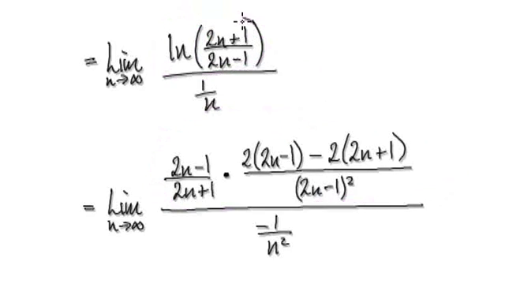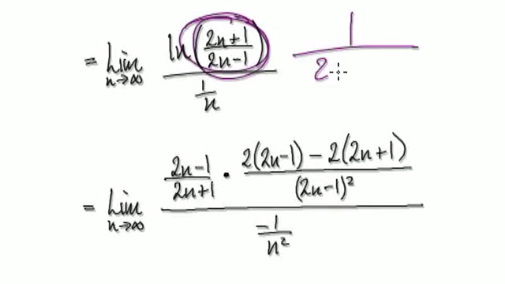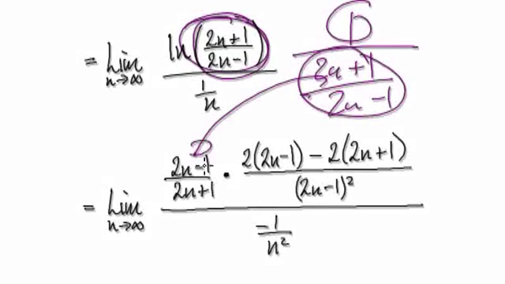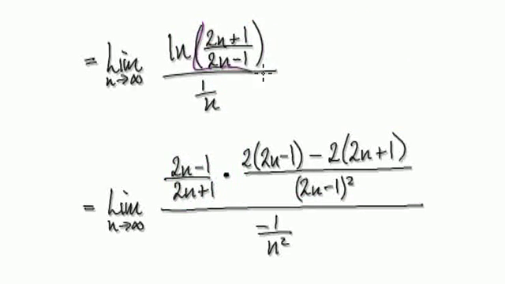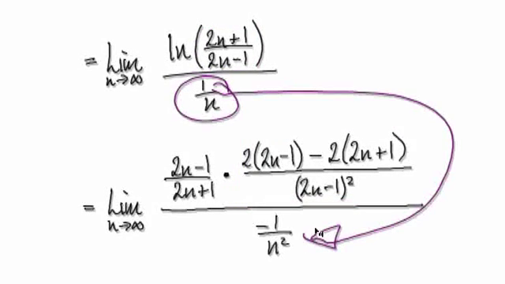When you differentiate this, it's going to be 1 over the bubble here, which is (2n plus 1) over (2n minus 1). Reciprocal of this thing will give you this, and then you've got to times the derivative of the bubble itself. The derivative of the bubble itself uses the quotient rule on this thing here, which is this. And then differentiate this, that will then give you this.